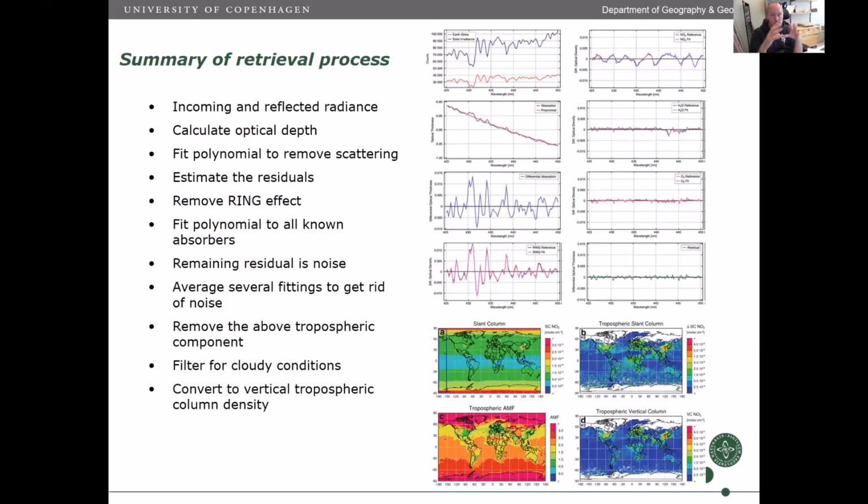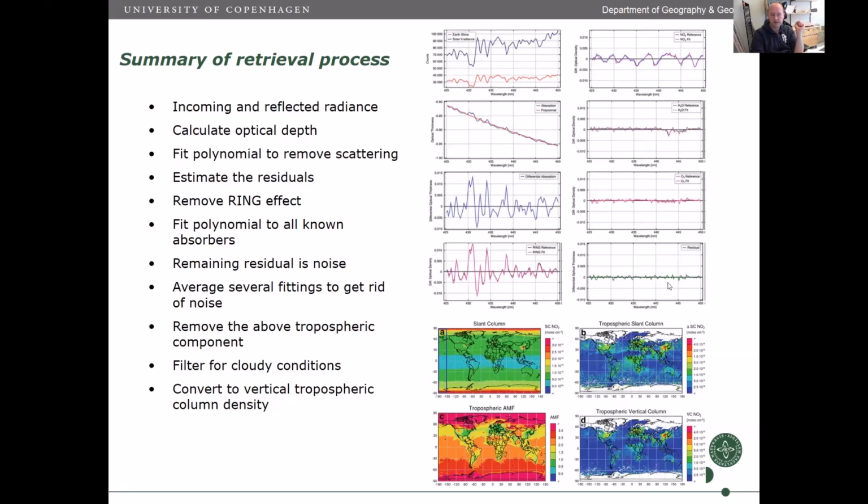Still, we have the problem with the ring effect. Some of the light is absorbed by the molecules and thereby changes the light a little bit. So we remove the ring effect, and what is left is the actual absorption by this package of air. Then we fit some polynomials to estimate the concentration of the different trace gases: nitrogen dioxide, the one we are interested in, water, and ozone.